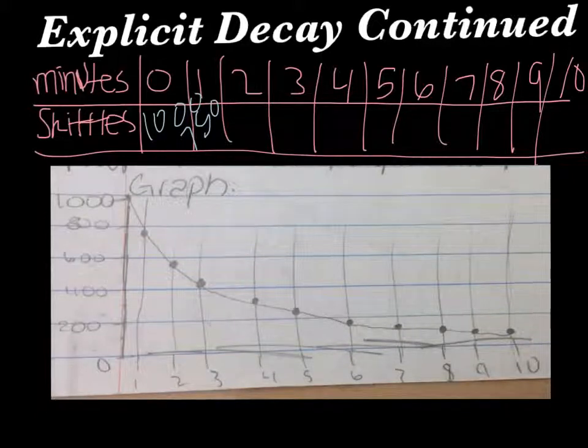I'm going to take out the decimals and round, because you cannot have a decimal amount of Skittles.